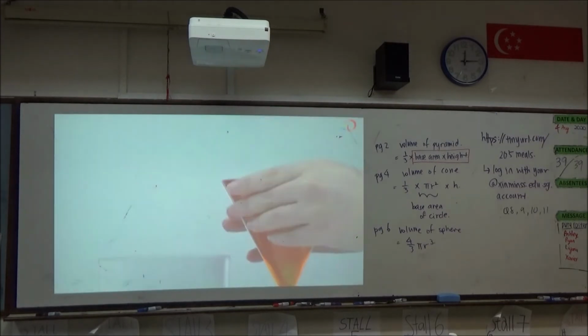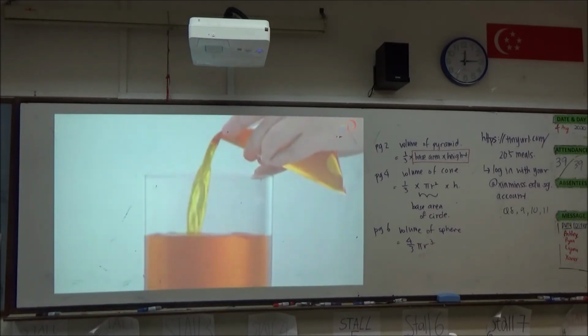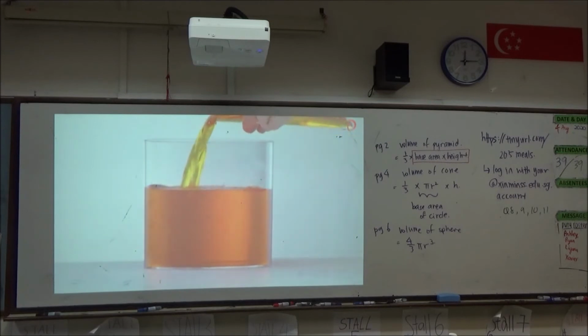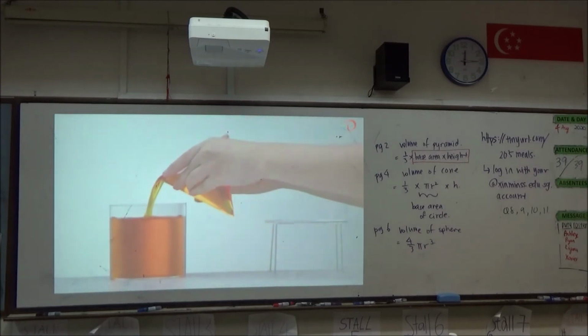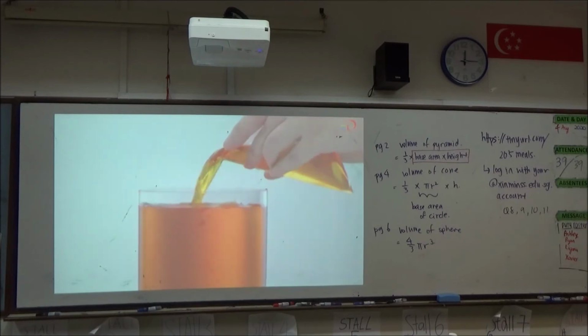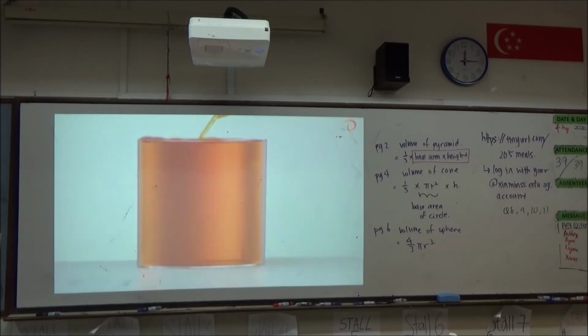Let's use this cone to pour more water into this cylinder until it is completely filled. This is the second time and the third time. After 3 rounds, the cylinder is completely filled with water. What does this mean?